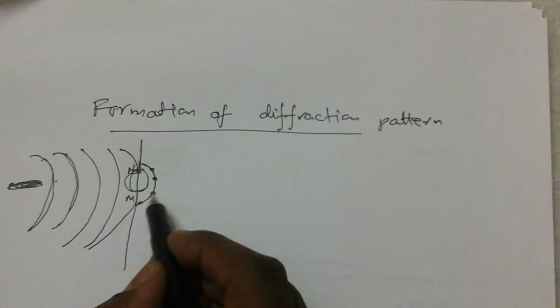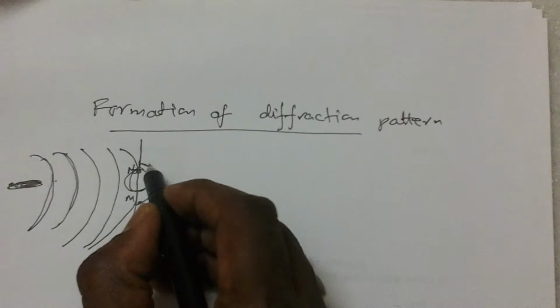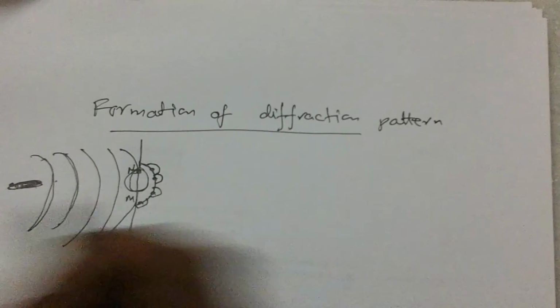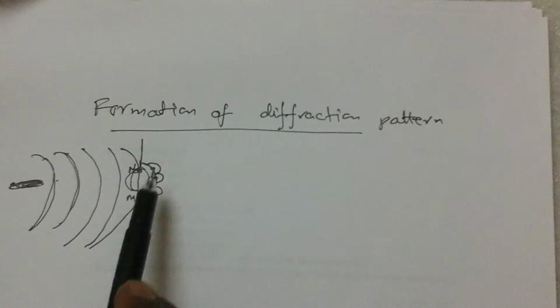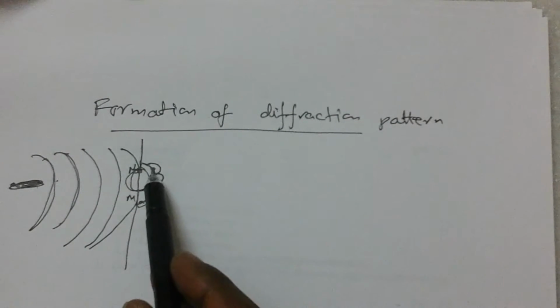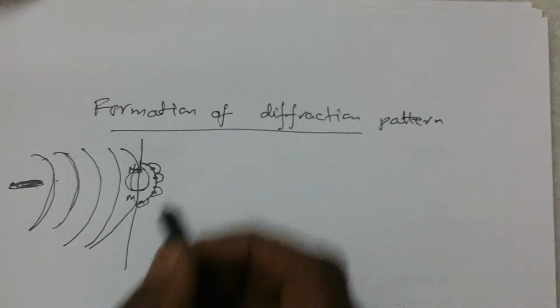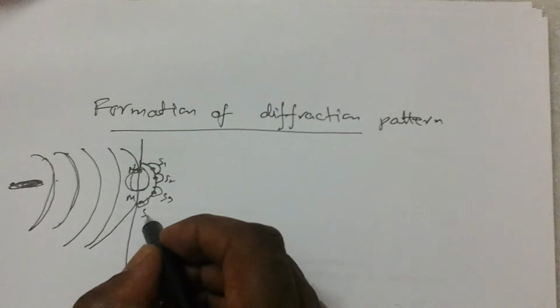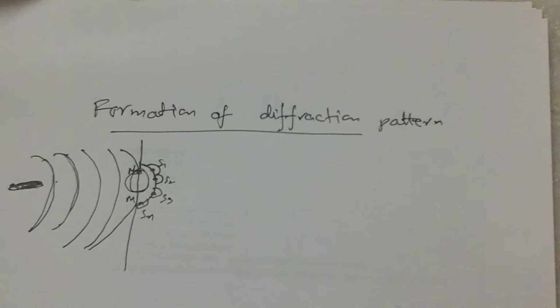Each point acts as a secondary source of light, like this. So 1, 2, 3, 4, like this, many secondary sources are present: S1, S2, S3, Sn, n number of secondary sources.